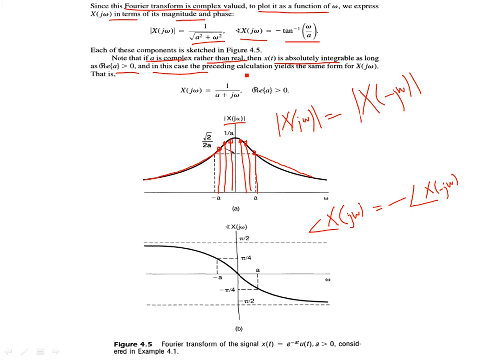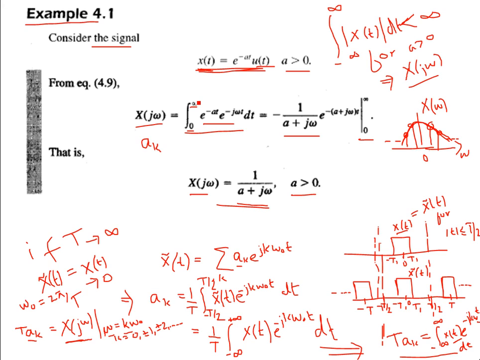And in this case, the preceding calculations yield the same X(jω). So even if a is complex, as long as the real part of a is greater than 0, then x(t) is again absolutely integrable. Therefore, it guarantees that X(jω) exists, and it's of the same form as we earlier saw for a real and positive.